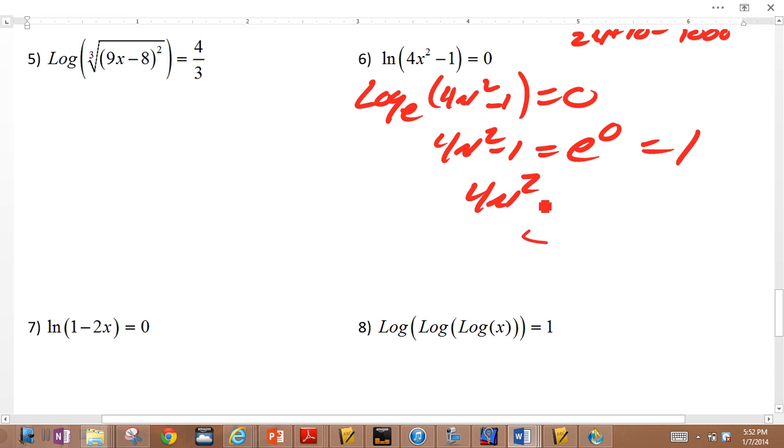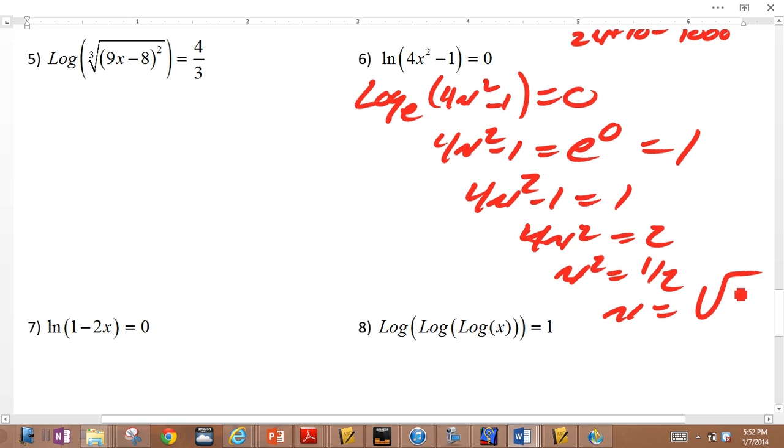So you got 4x squared minus 1 equals 1. You got 4x squared is equal to 2. So x squared is equal to 1/2. So x is equal to the root of 1/2. Let's see if I did that correct. E to the 0 is 1, 4x squared minus 1 equals 1. Add 1 to both sides. Yeah, there we go. Okay?